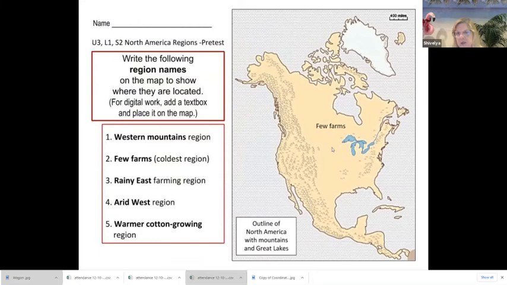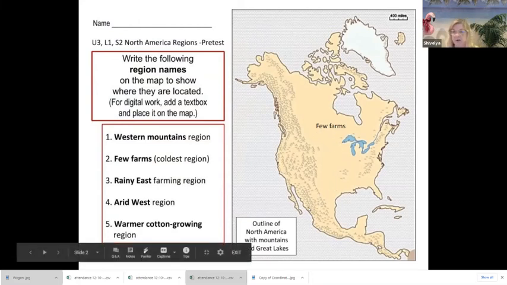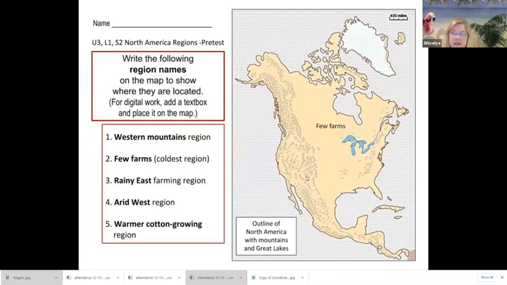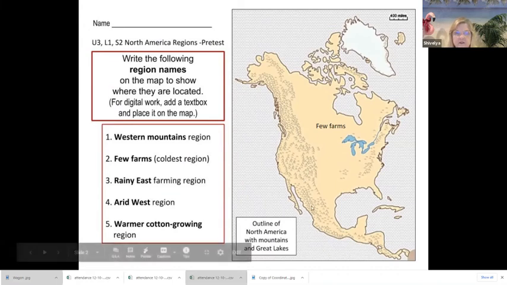They can put their information in and then turn it in and submit it electronically. Obviously, if you're in a classroom, you can just hand it out as paper and pencil, or you can still use the digital version.